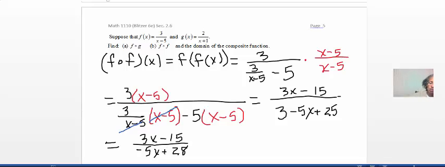And I would just want to make sure there isn't some common factor that divides into all terms of the numerator that also divides into all terms of the denominator. And there are no such factors. Now notice this equals f of f of x. So that was one thing I was asked to find.